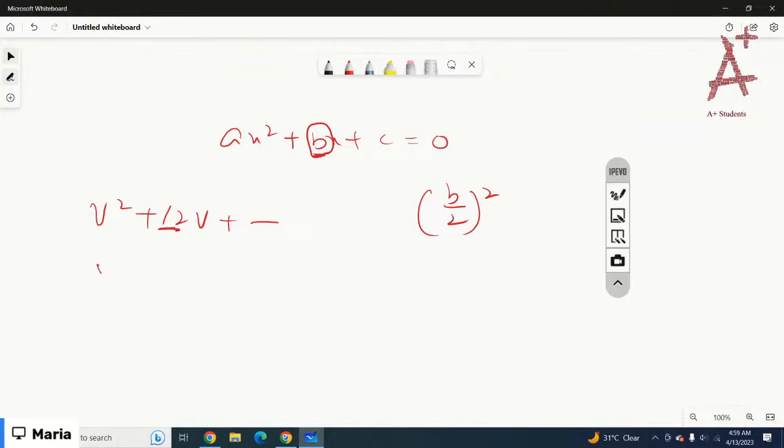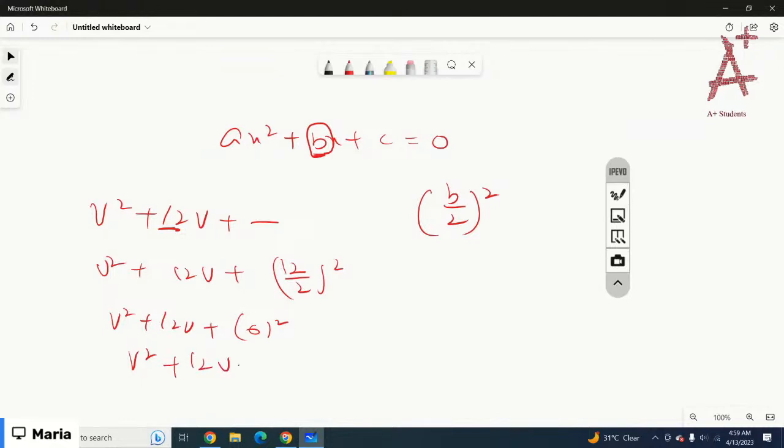So it would be v square minus 12v plus (12 divided by 2) square, so v square minus 12v plus (12 over 2, which is 6) square.